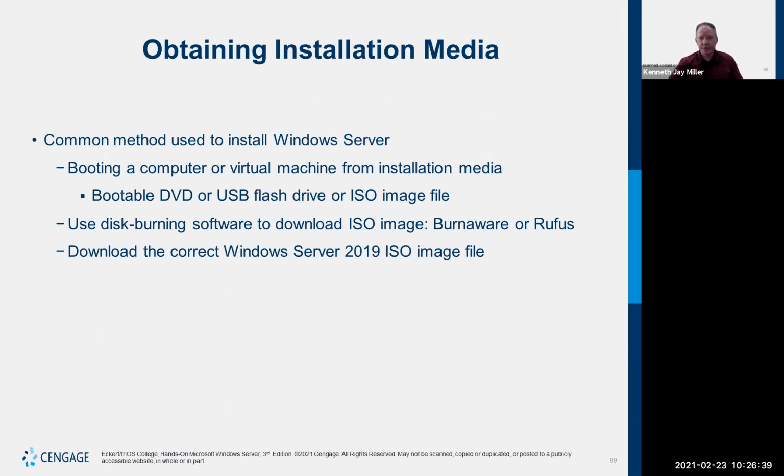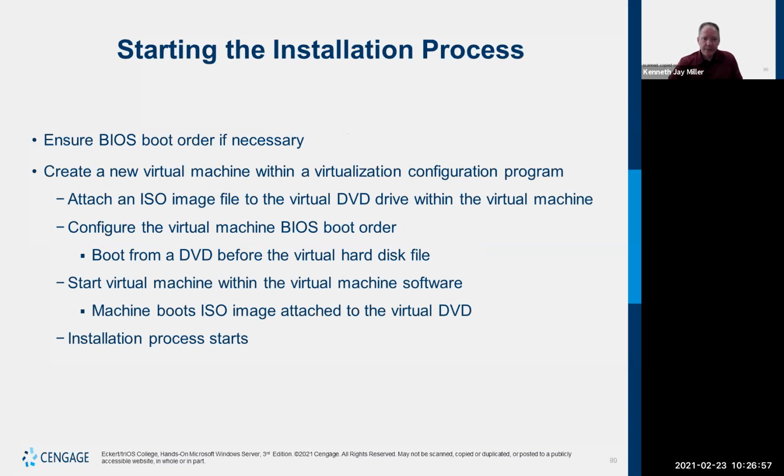Or if we're doing virtuals, we just need the ISO image file. So in today's lab, we're going to copy some ISO image files over from a network share that I have set up to our workstations. And then from our workstations, we'll be able to transfer them to ESXi.